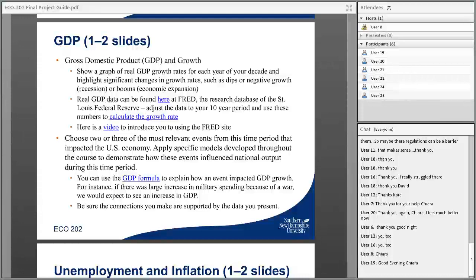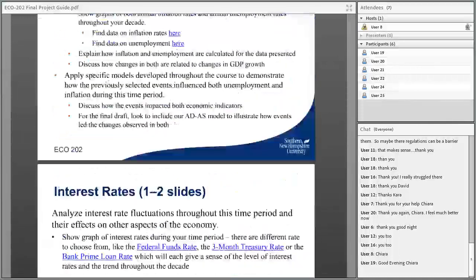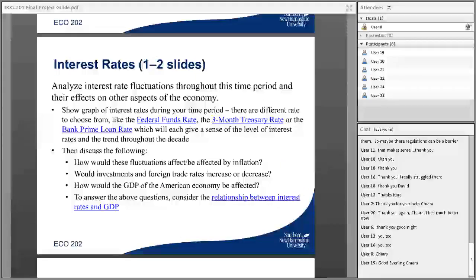Why some events might affect inflation more, some events might affect unemployment more. So you want to explain why those events specifically affected those factors. So you need to give a nuanced insight. Basically, you need to write a little more, be more specific about those elements.